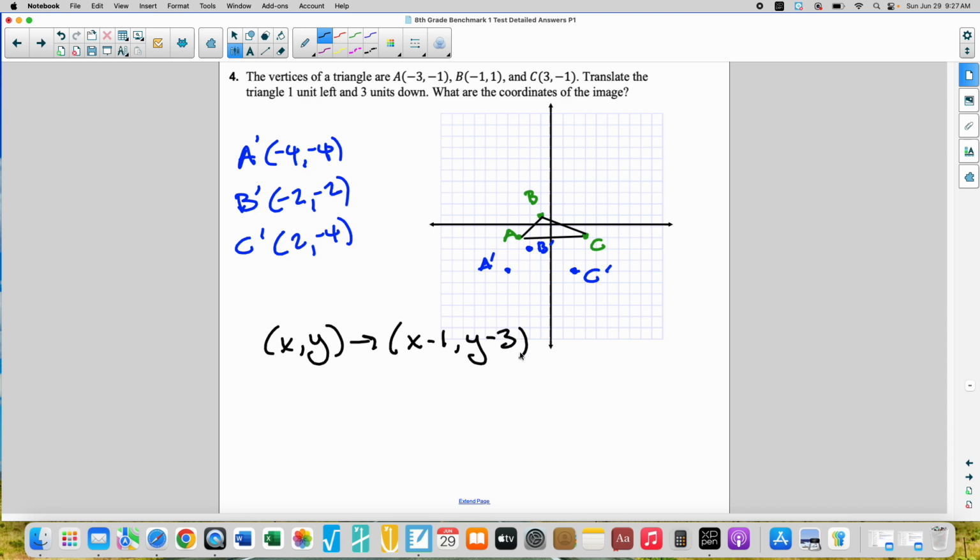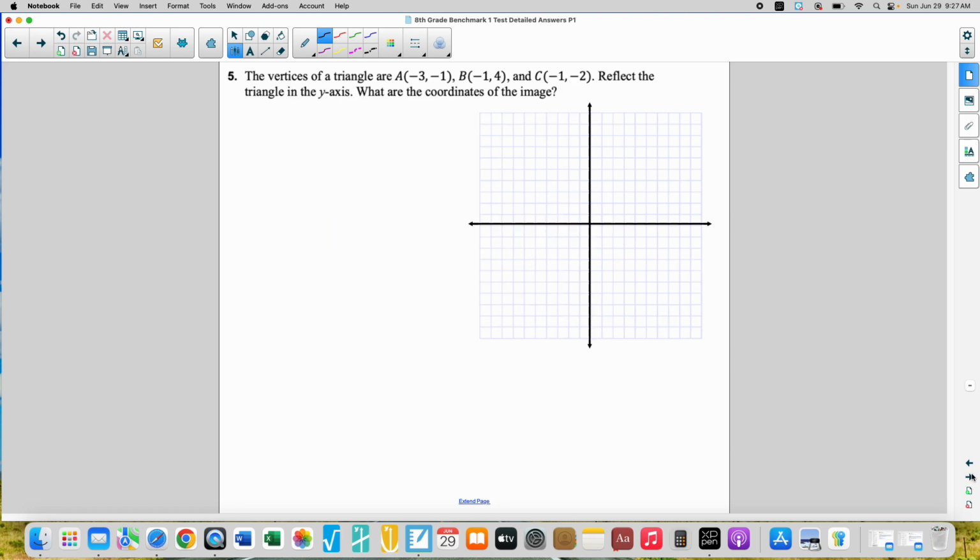So if I take each of those values, this is point A is negative 3, negative 1. If I take that x value and plug it into this equation, this template, it should give me what my new point is, which it does. So A prime became that. So that's another way to do it, is you can use this little template that represents the translation.